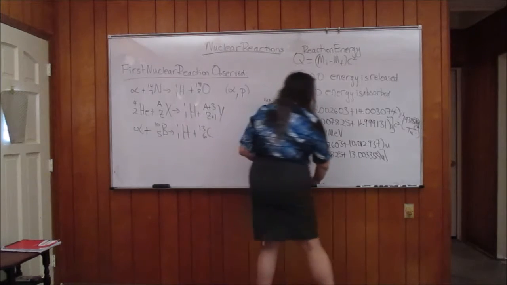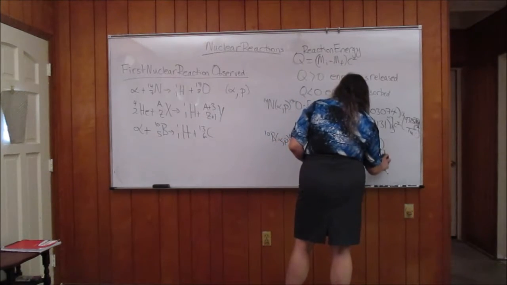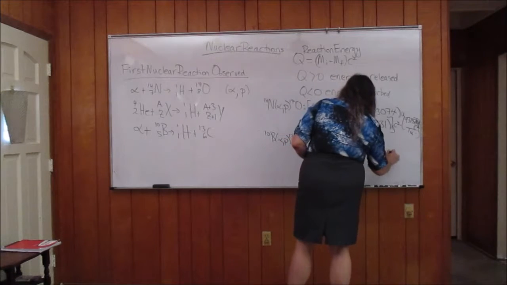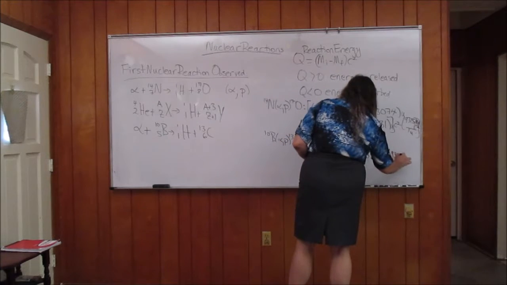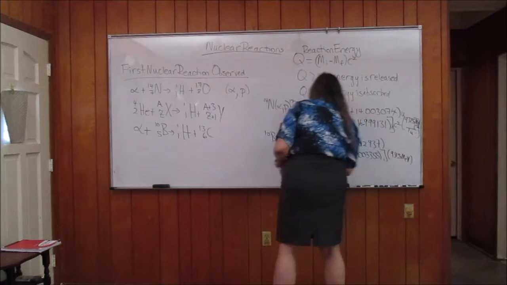is 13.003355. So instead of writing all these u's in here, let me just say we're going to be multiplying this by 931.5 mega electron volts.